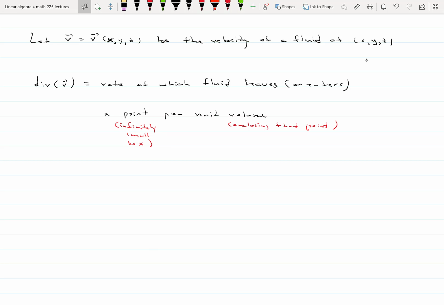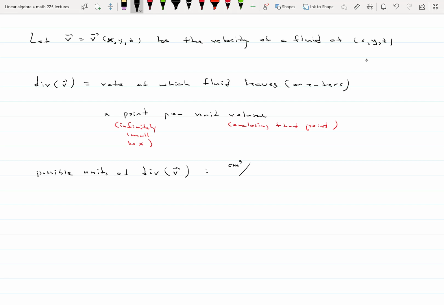Okay, so first of all, the possible units of the divergence of a vector field V are, well, let's see, the rate at which fluid leaves, in cubic centimeters or cubic meters or cubic feet.